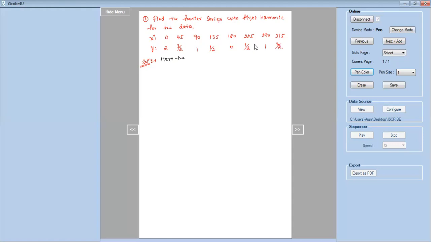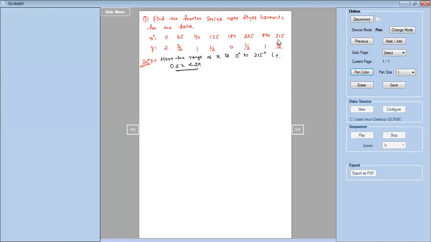Here the range of x is 0 degrees to 315 degrees. That is, I can say 0 less than or equal to x less than 2 pi. Correct now? It is equal to 0 because 0 is there, but 360 is not there. The 4th quadrant starts at 270 and ends at 360. 315 lies in between 270 and 360, so it comes under the 4th quadrant.